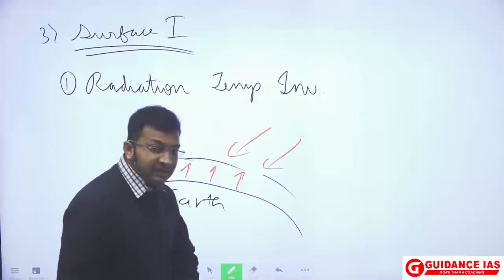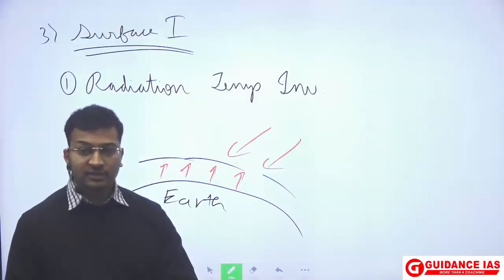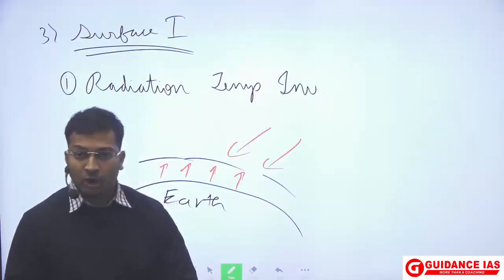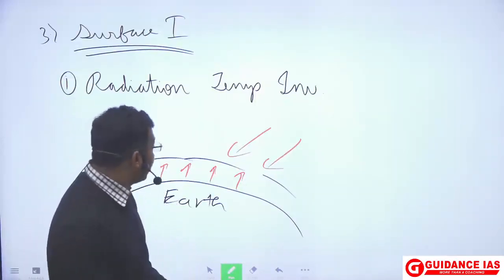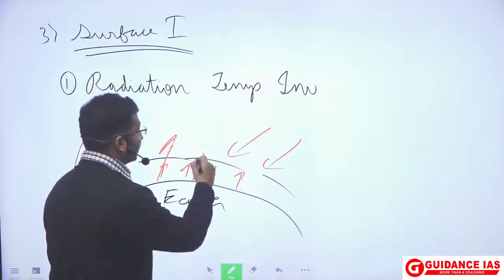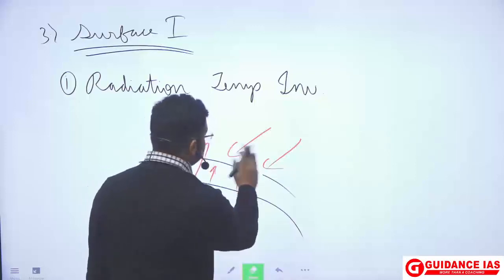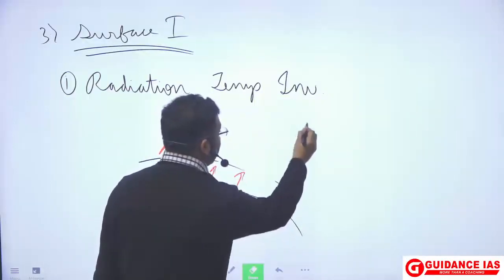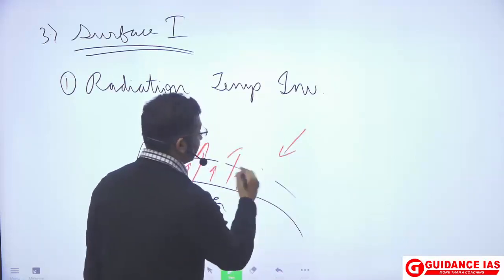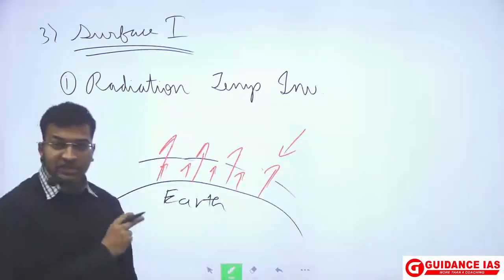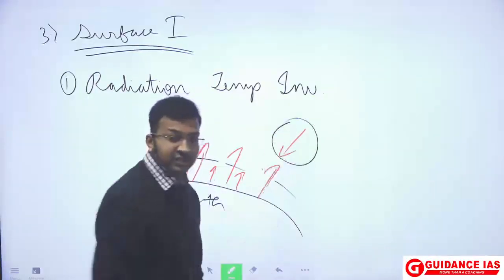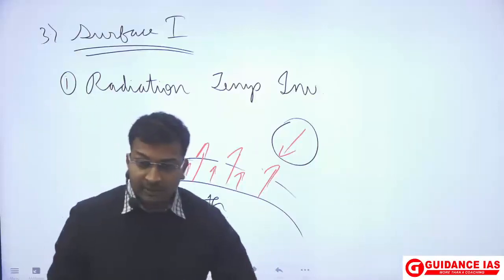But at certain places, in certain seasons, what happens is, especially during long winter nights, the outgoing radiation is much higher. This outgoing radiation is much higher than the incoming solar radiation during winter months.